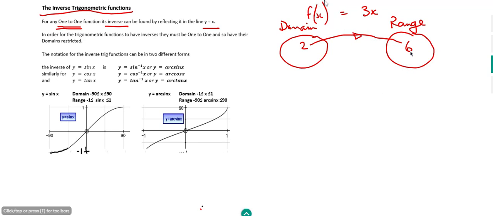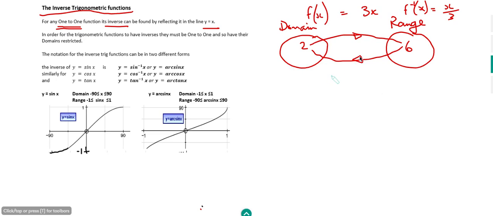And if we tried to work out what an inverse function for this one was, we'd get that f minus 1 of x would be equal to x over 3, because we'd have to divide this value here by 3 to take us back to the original value.